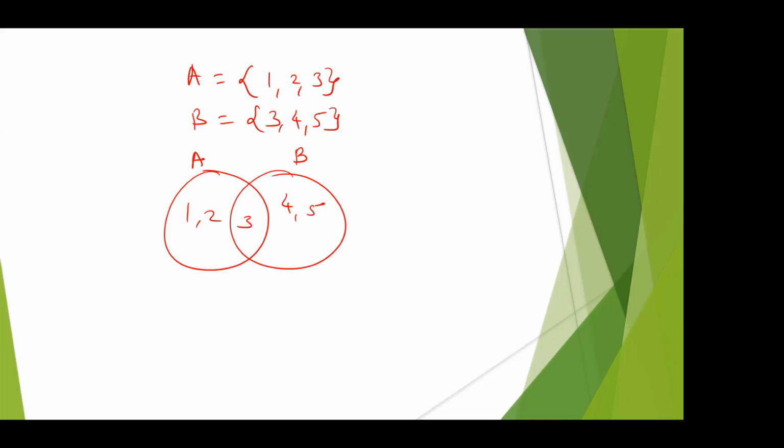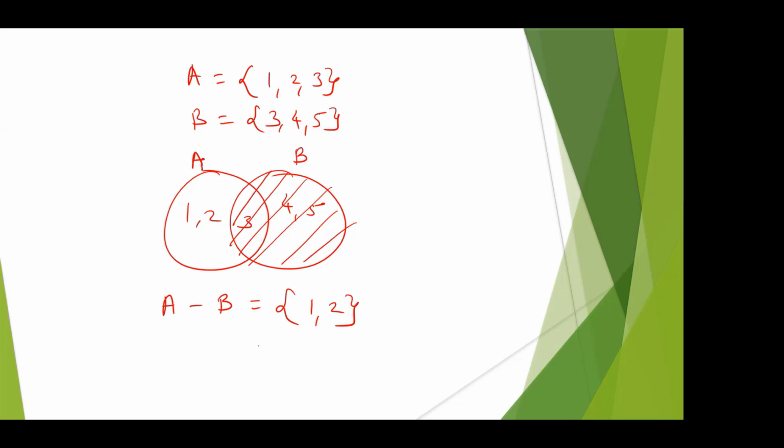Now, A does not have 4 and 5, so it doesn't matter to me. Whatever element B has, we want to remove it from A. So this part of B, we want to remove. Since A only has 1, 2, 3, and 3 is part of B, only 3 gets removed from A. So the set difference will be 1, 2.